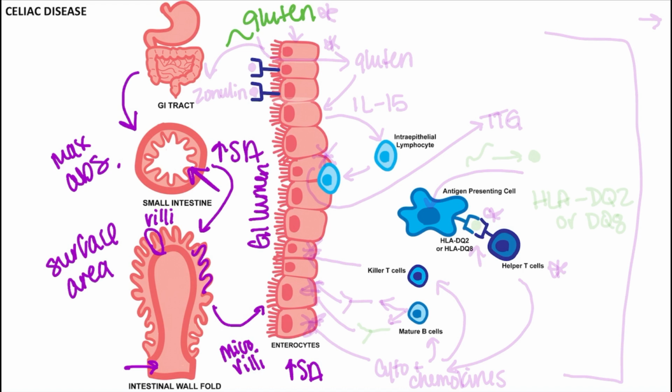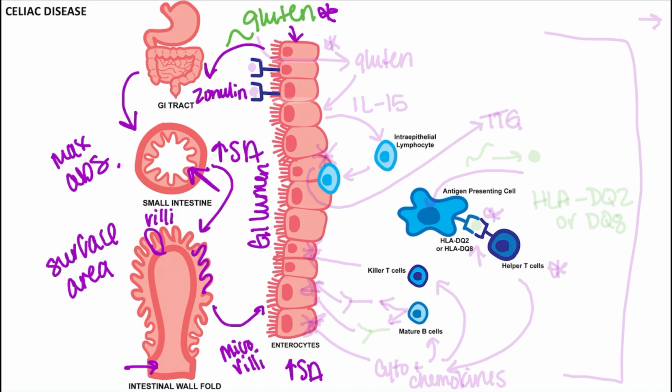Now, gluten peptide fragments, and gliadin, which is a glycoprotein gluten peptide, interact with enterocytes in the small intestine to induce the release of zonulin, which is an epithelial tight junction modulator.